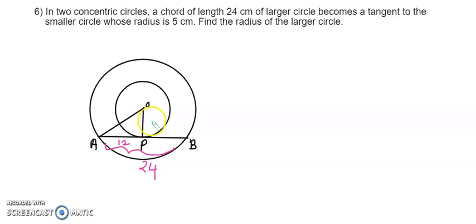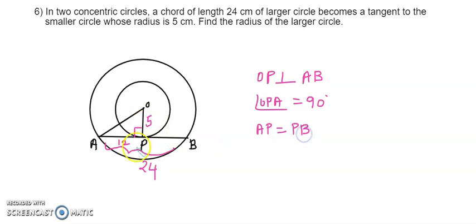And the radius of the smaller circle is 5, and this is 90. So here we'll say OP is perpendicular to AB. So OPA is 90, and also AP equals PB because it's a perpendicular bisector. So in triangle OAP, we'll apply the Pythagoras theorem.